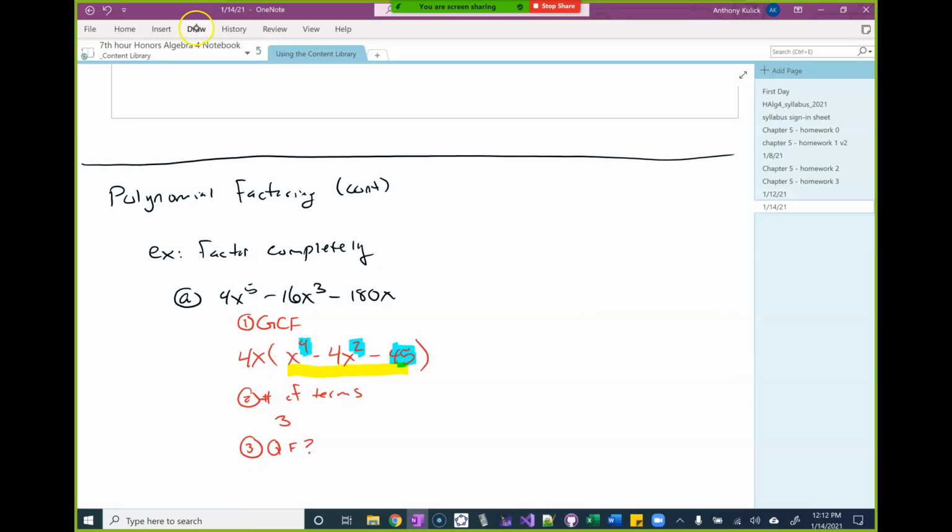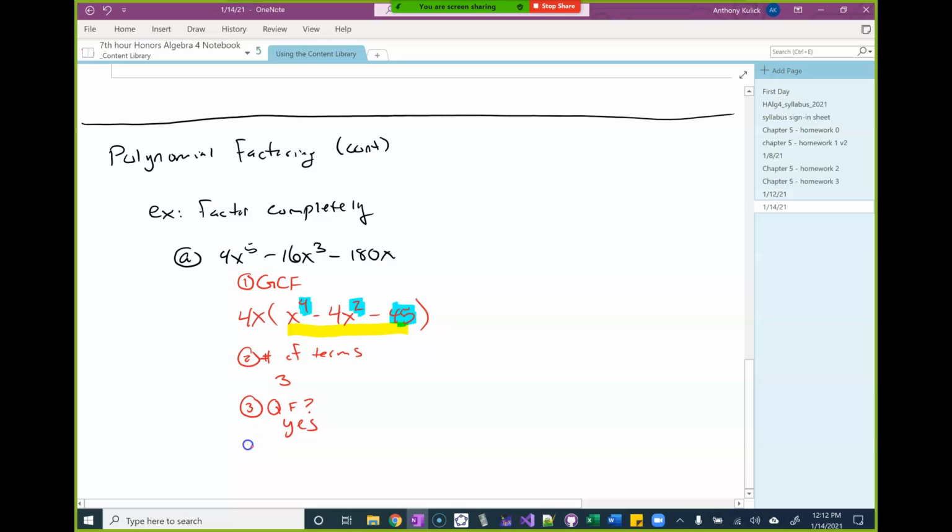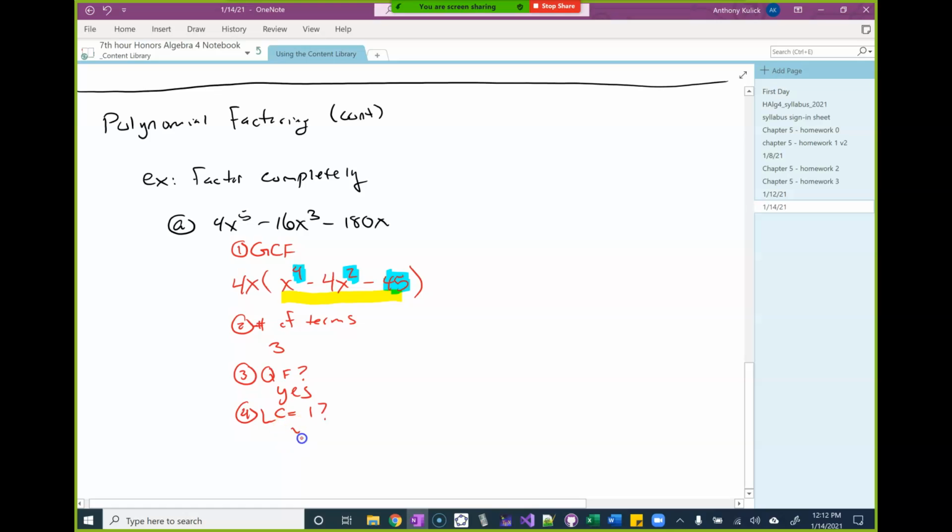It isn't exactly quadratic, but it looks like it's quadratic. Okay, since it's in the quadratic form, the next question is is the leading coefficient 1? Is that going on in this case? Sure is, right? The coefficient on the x to the fourth is 1. So I can use my shortcut factoring.